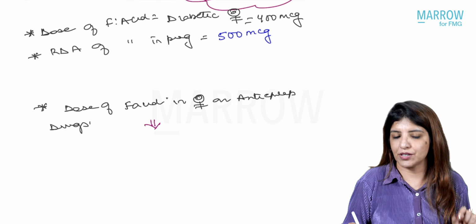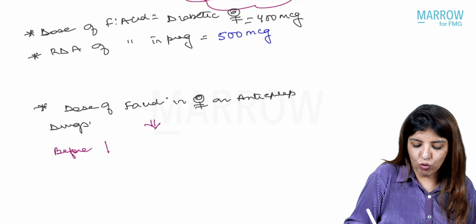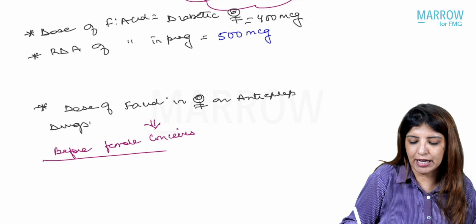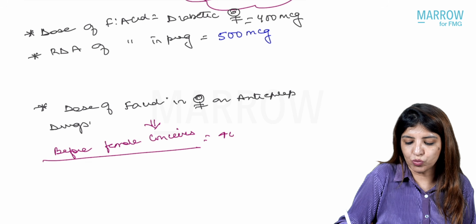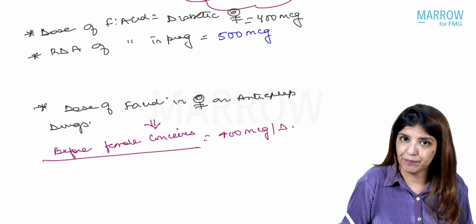You are going to answer this: before a female conceives, if she is on anti-epileptic drugs, the dose which you are going to give her will be 400 micrograms per day, right?